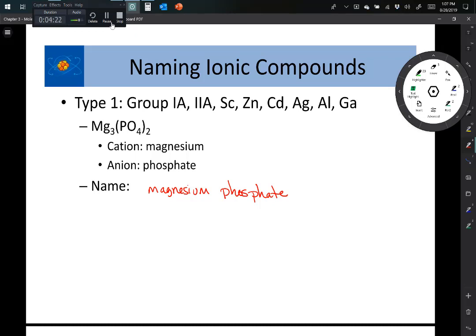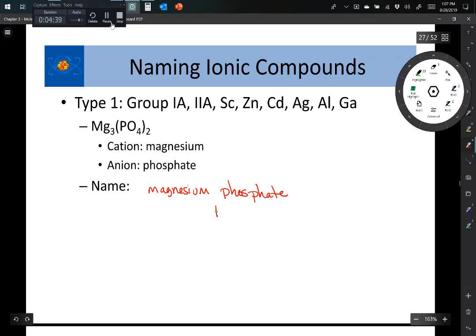So here's the thing. That's the way all type 1s are done. So it's really important that you recognize which type of metal it is. Now, if it's type 2, the only way that it's different is that you insert a charge here.